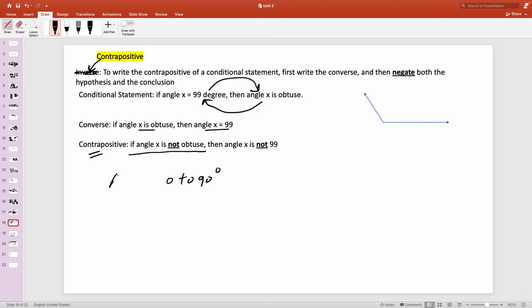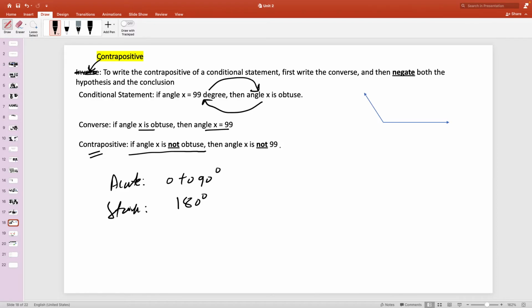It has to be an acute angle. So I'm just gonna write it here, acute. Or it has to be a straight angle, which is 180 degrees. What it cannot be is something between 90 and 180, right? Okay, so this is the condition.